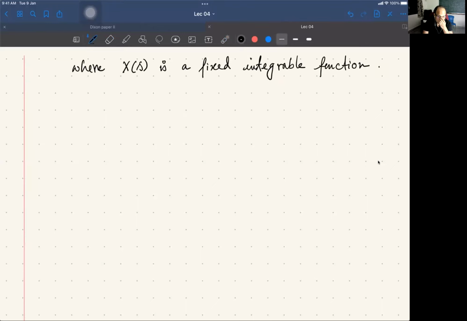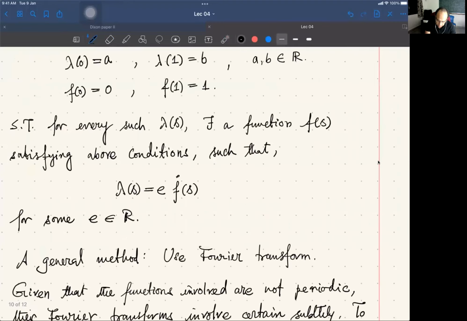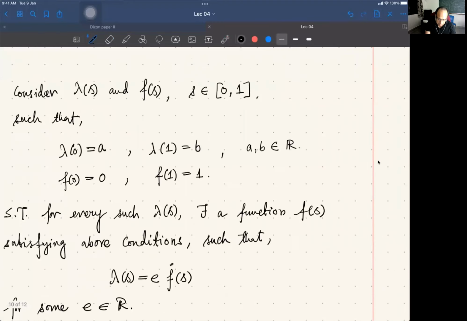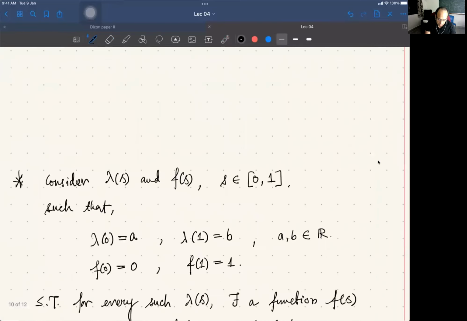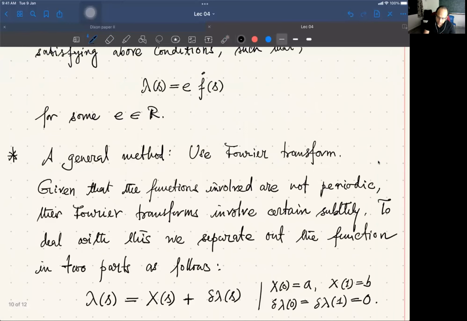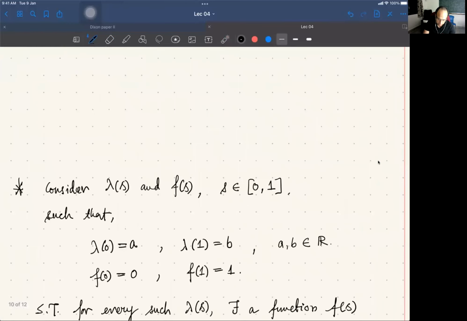Now, the choice of x is not unique. We have seen this earlier.